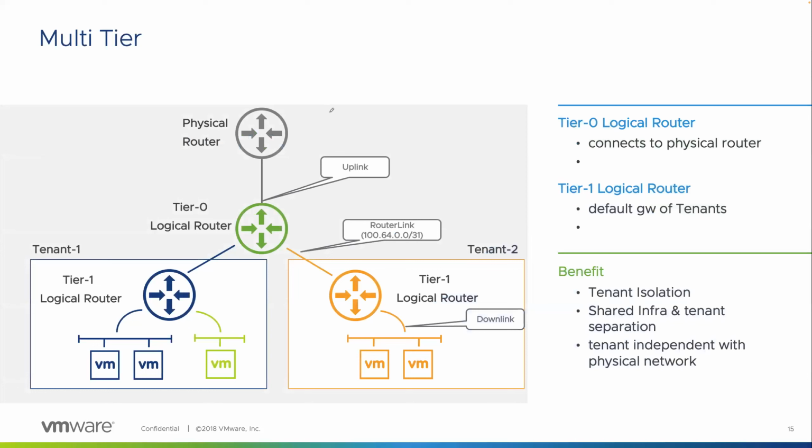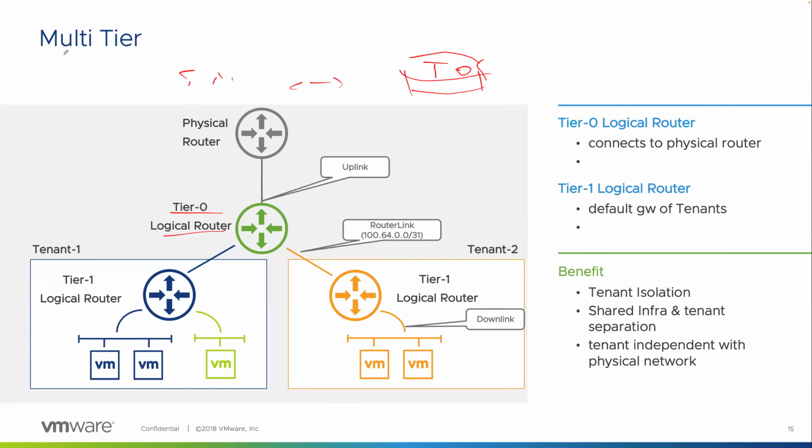So in the last class, we talked about single tier. That means we have only one tier of the routing function in our networking, which is T0 routing, like this T0 logical router.